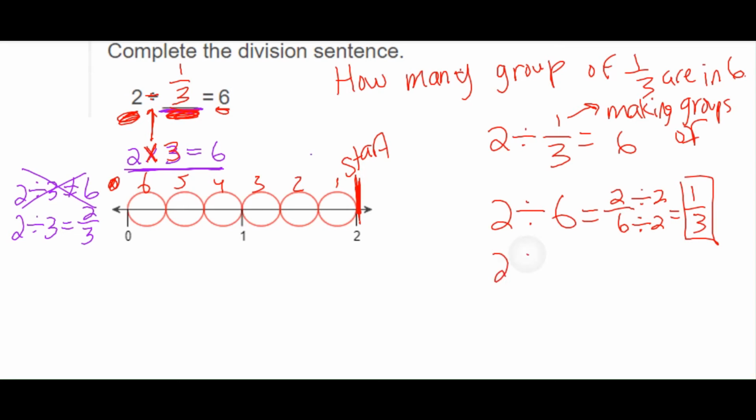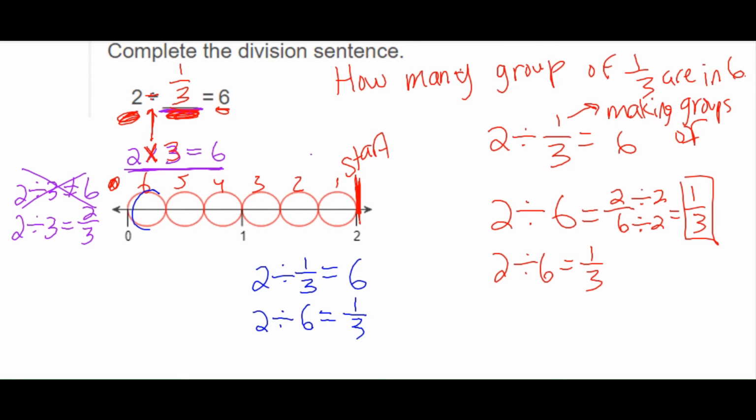So we can say 2 divided by 6 equals 1/3. So you can look at the model and come up with 2 equations. The first one is 2 divided by 1/3, which asks how many 1/3 are in 2. And the second one is 2 being divided evenly into 6 total groups. Each group will have 1/3 in it.